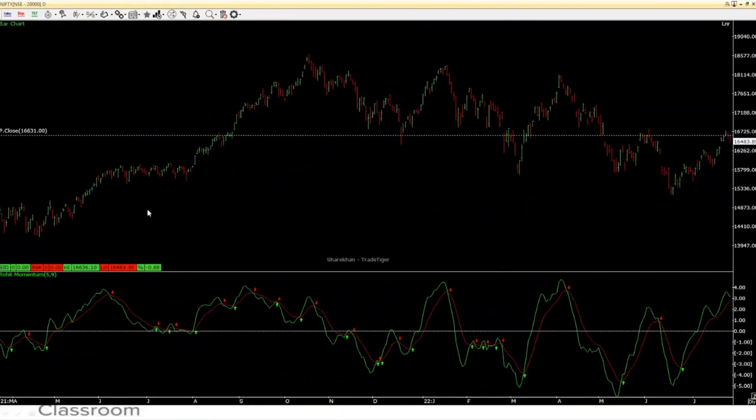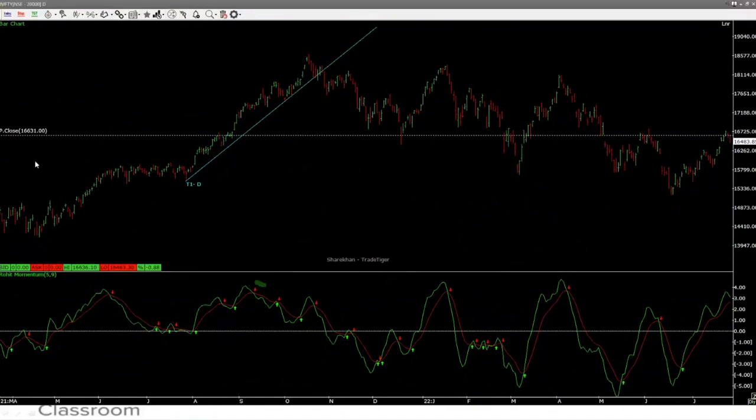When you're in a very strong trend, like at the end of this move, you will get divergences. So this is where, if I use a trend line for this entire move, and then look at this sell signal, at that point you'll find it doesn't really break the trend line.